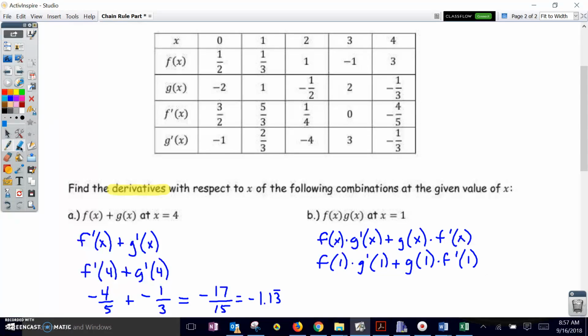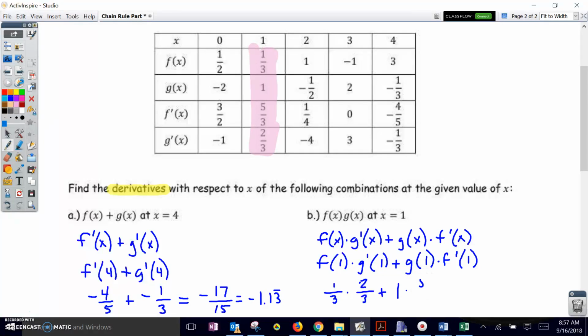And so we're using this whole column right here to answer this question. So we need f of 1, that's 1/3. And g prime of 1 is 2/3. And g of 1 is 1.